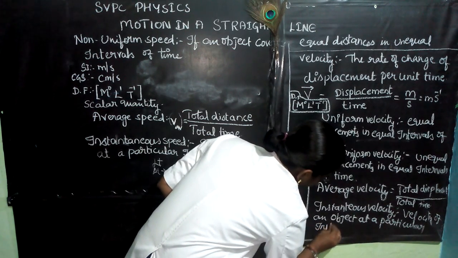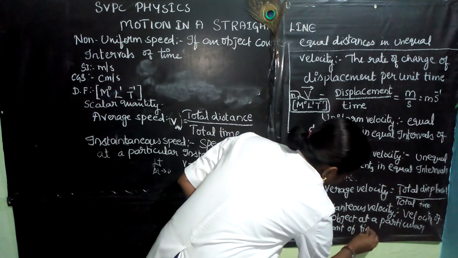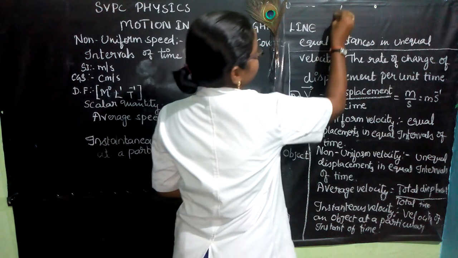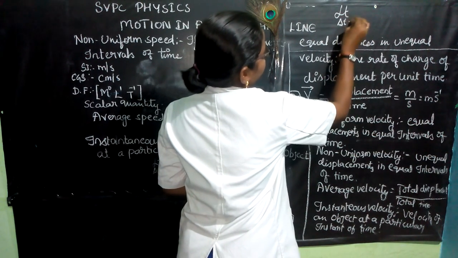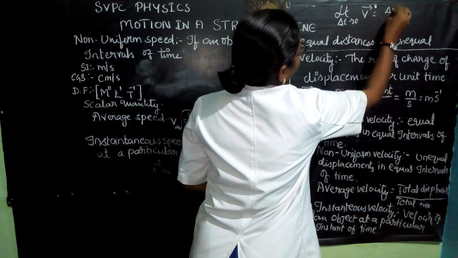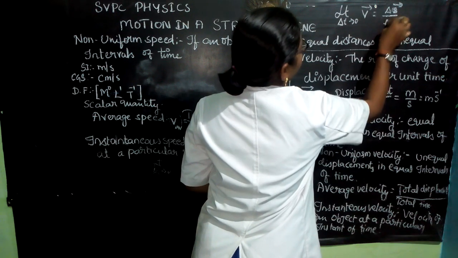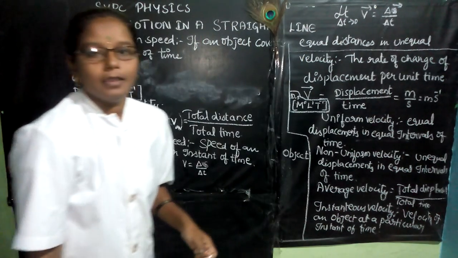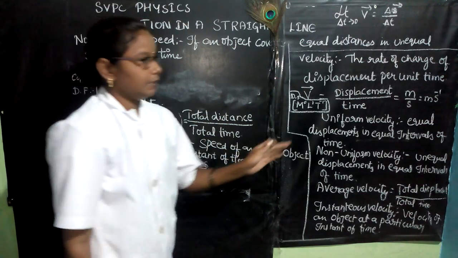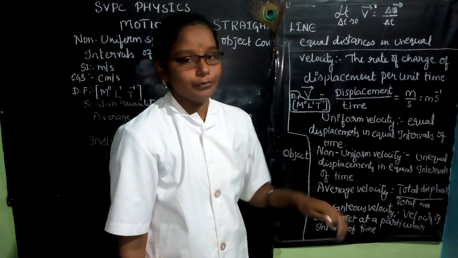Its formula becomes like this: limit delta t tends to 0, v equal to delta s by delta t. Why have I taken a straight line with an arrow? It indicates that it is a vector quantity. Displacement is a vector quantity and even velocity is also a vector quantity.